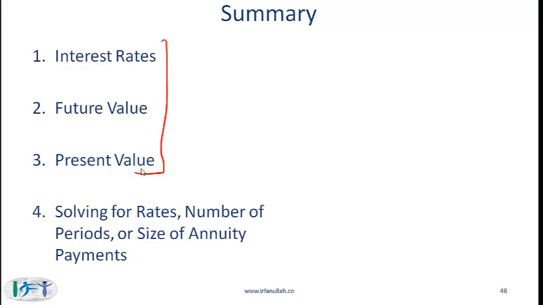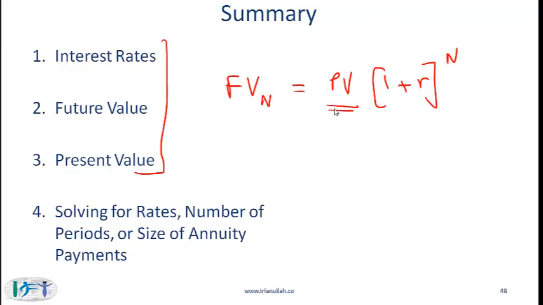And these three concepts can be linked using a very simple relationship. Future value at time n is equal to present value into 1 plus the interest rate to the power of n. And this can be rearranged and expressed in terms of present value. We then did several problems where we solved for rates, number of periods, size of annuity payments, and so on.